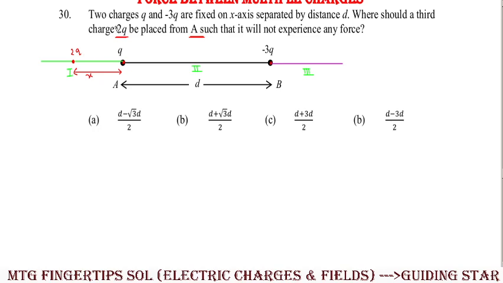The plus q charge will apply a repulsive force upon this 2q charge, and that repulsive force will be away from the charge, and this negative 3q charge will apply an attractive force upon this 2q charge. That means it will be towards the given charge. Clear. So here there might be a chance that these two forces will cancel out each other.